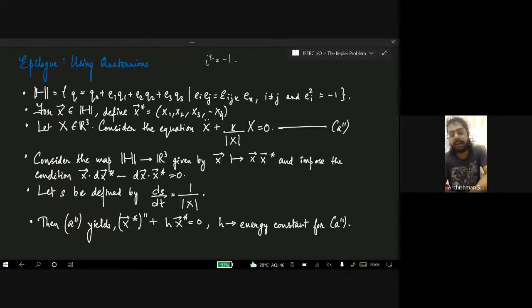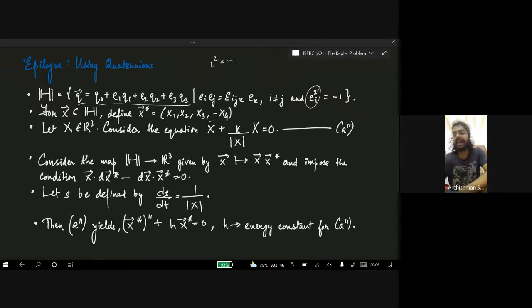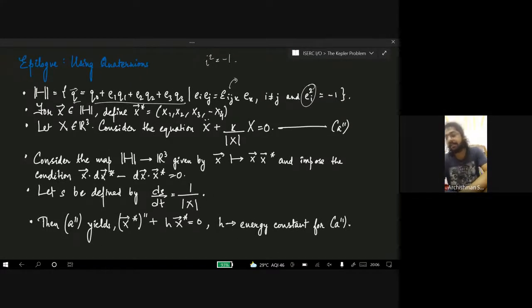In quaternions, you write a quaternion q as q0 plus e1 q1 plus e2 q2 plus e3 q3, where e_i squared is -1 and e_i e_j is the Levi-Civita tensor epsilon_ijk times e_k. For epsilon_ijk, you have 0 if two indices are equal, and then you have the cyclic permutations of ijk.